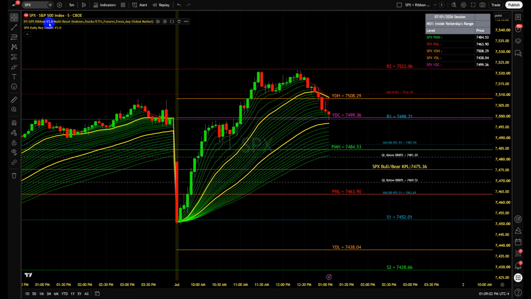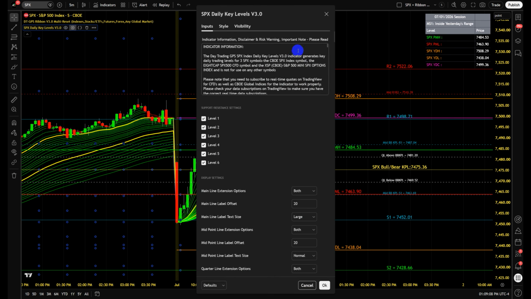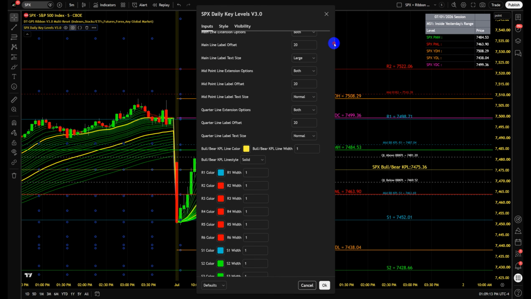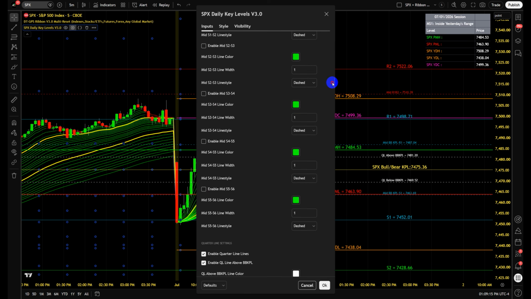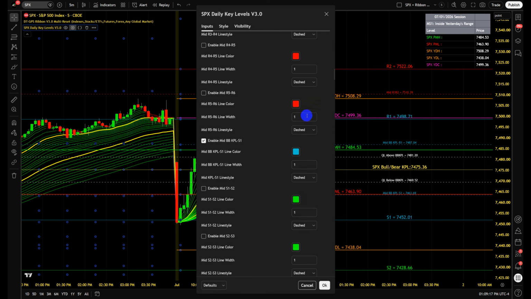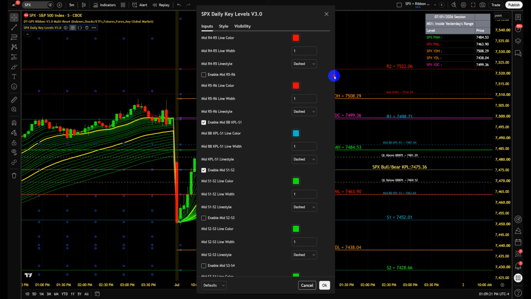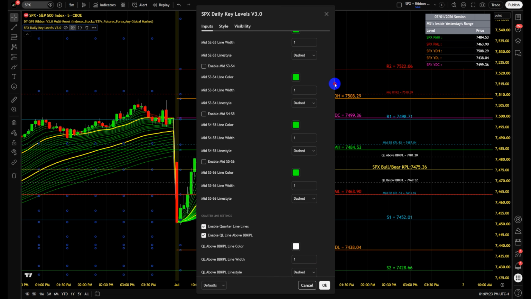If you're basing it on S1, a bullish trade, then you just simply go into the user control panel. If you want to use either the midpoint or the QL, so say midpoint, mid S1, S2. Again, you can turn all these on to begin with. You don't have to turn them on after the fact.